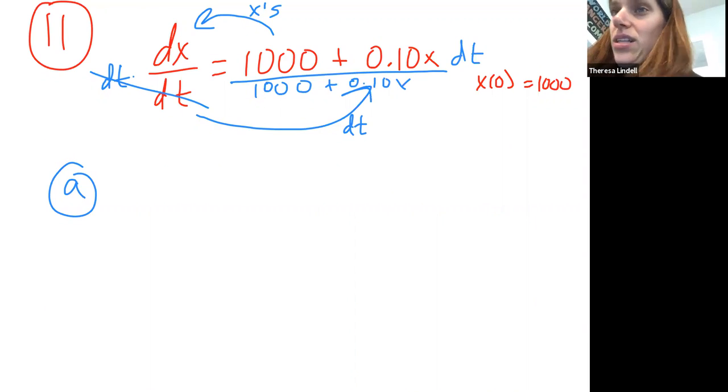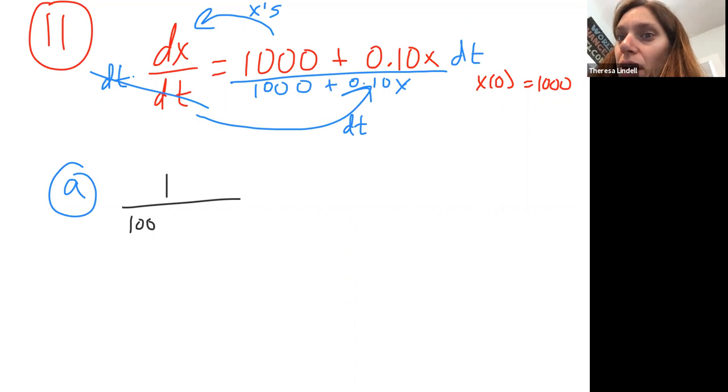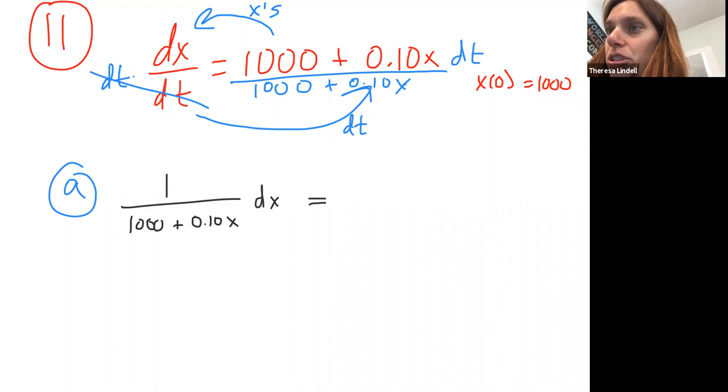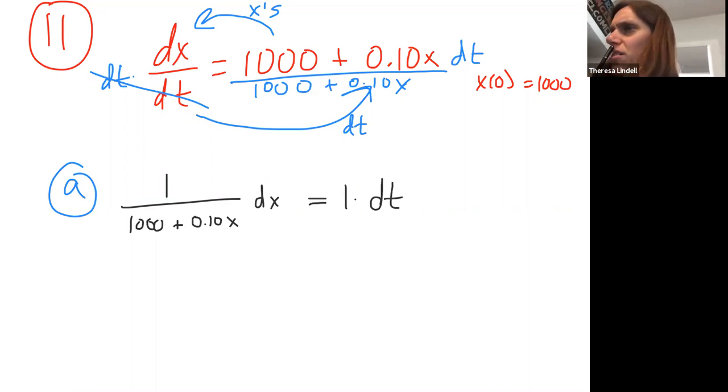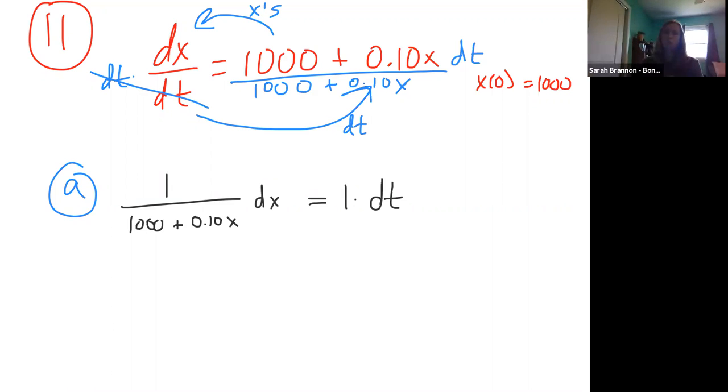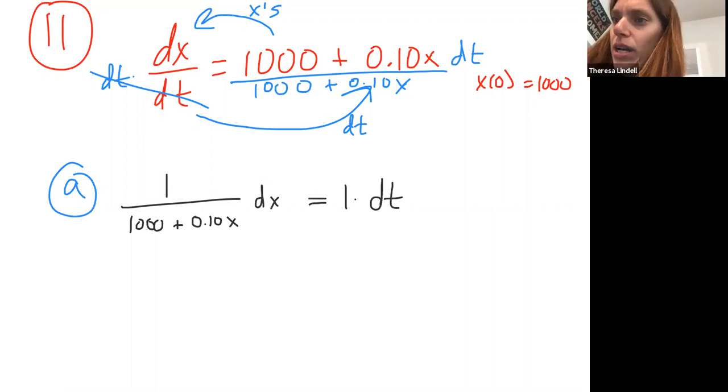And so this is going to be really gross, but I'm pretty sure what we want to have is 1 over 1,000 plus 0.10x dx equals plain old just dt, which means we do have the invisible 1 in there. But that problem is really gross. That makes sense why that's kind of confusing. Is that okay for you guys so far? Mm-hmm. Cool. Now let's integrate it. What's backwards from just 1 dt?